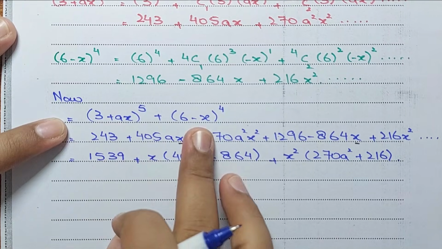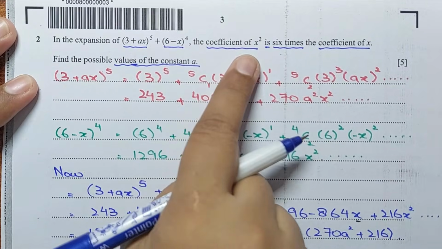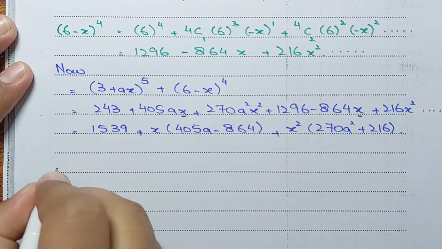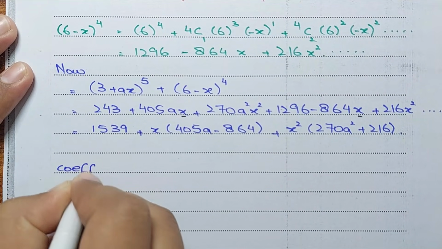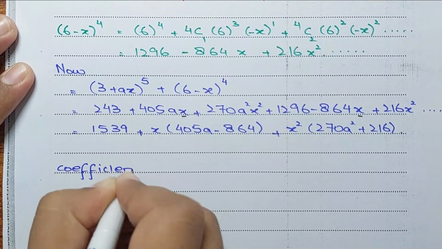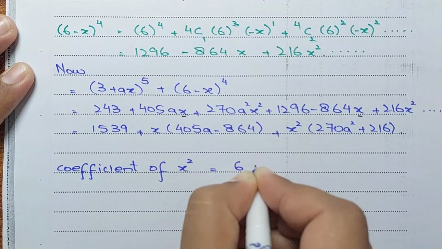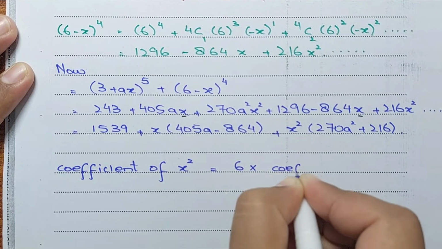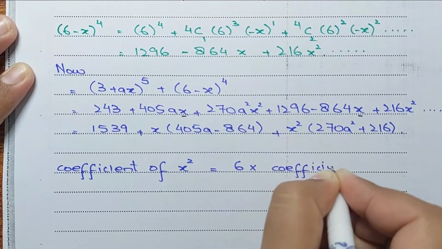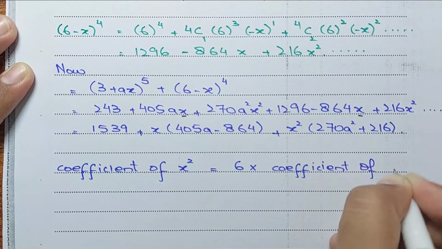Okay, now for the sum of these two, the coefficient of x square is 6 times the coefficient of x.